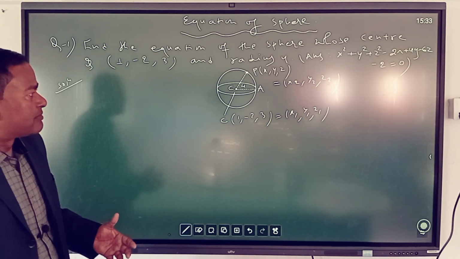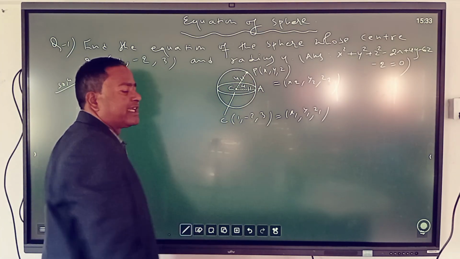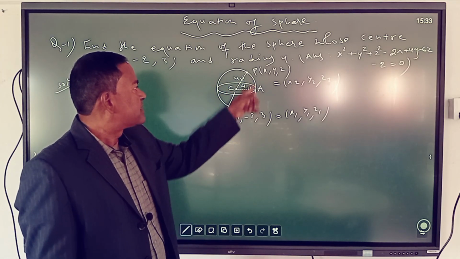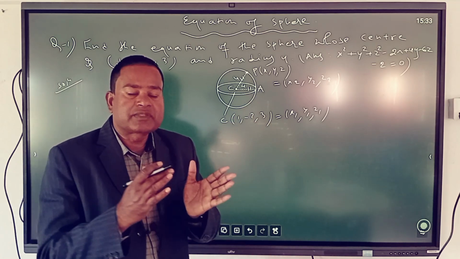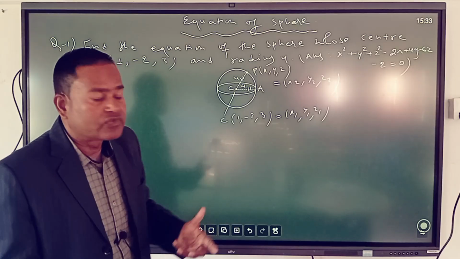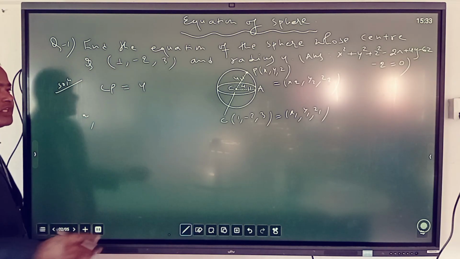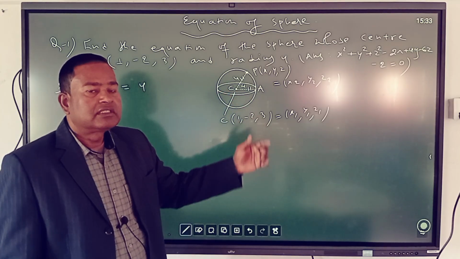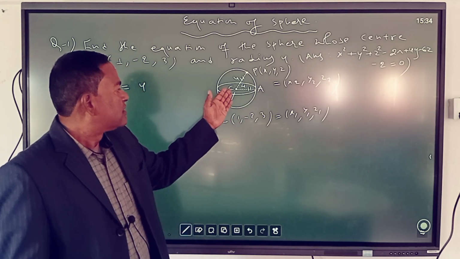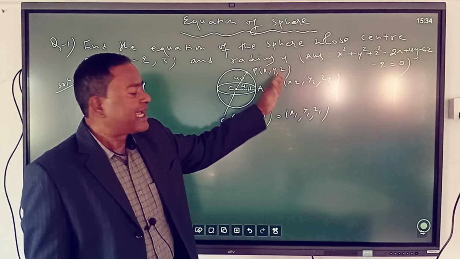Now let us use the distance formula. The distance between C and P we can take as 4 units, because the distance between the center and any point on the sphere is the radius. So CP equals 4 units. Let us use the distance formula by taking the center as the first point and the point P as the second point.